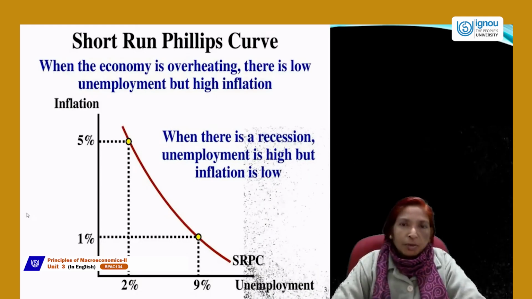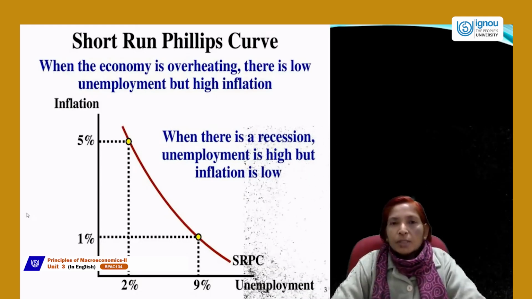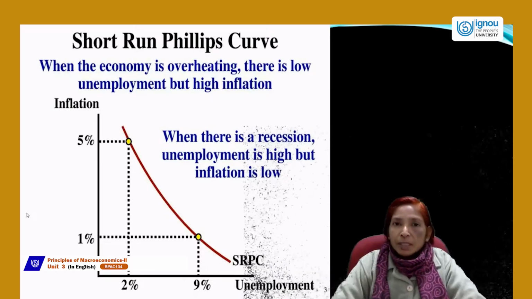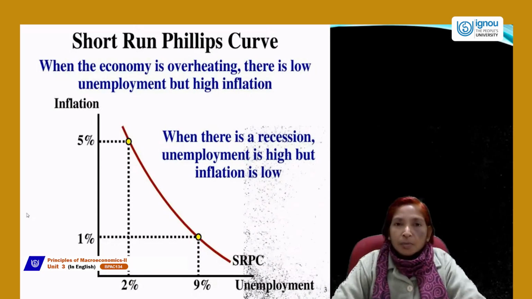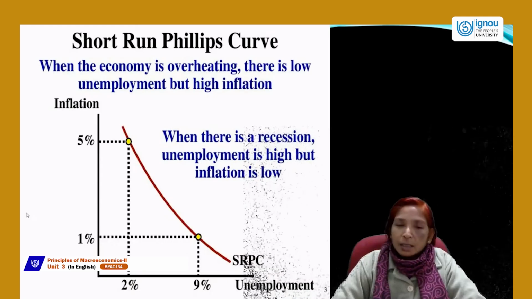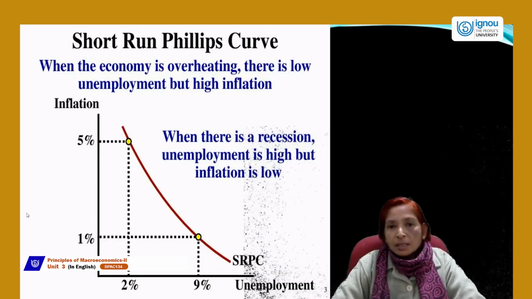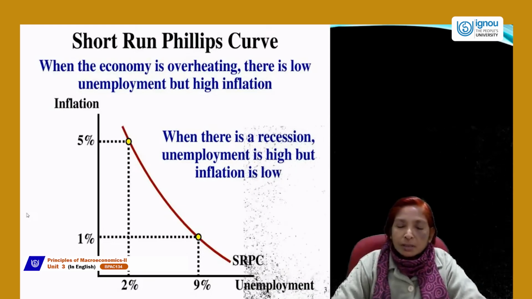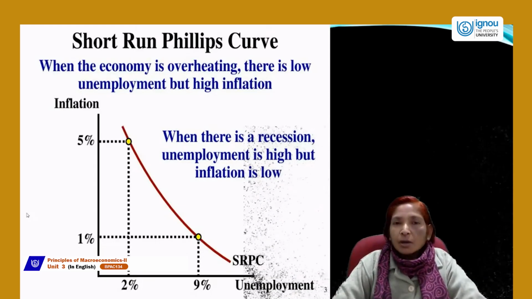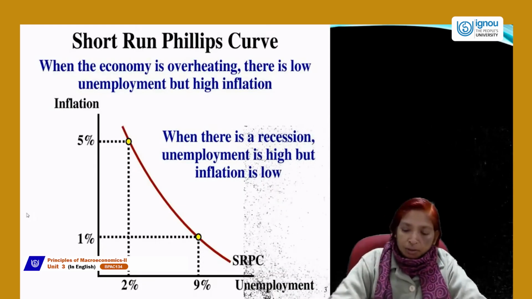When they produce less, they will hire fewer workers, and then the unemployment rate will be higher. So when there is a recession, unemployment is high but inflation is low. So this is the short run Phillips curve.